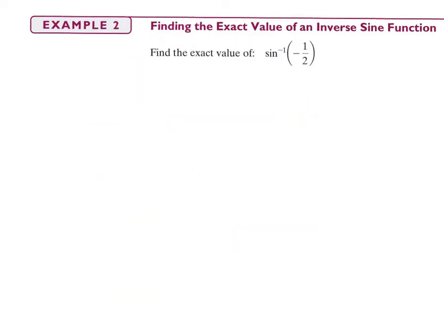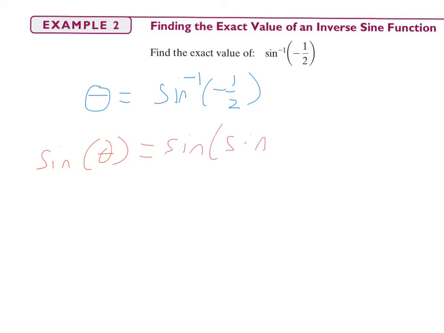Here's another example. Let's find the exact value of sine inverse of negative 1/2. When it's talking about sine inverse of negative 1/2, it's asking you what angle. So instead of y, we can just use theta. If you take the sine of both sides, you have sine of theta equal to sine of sine inverse of negative 1/2.